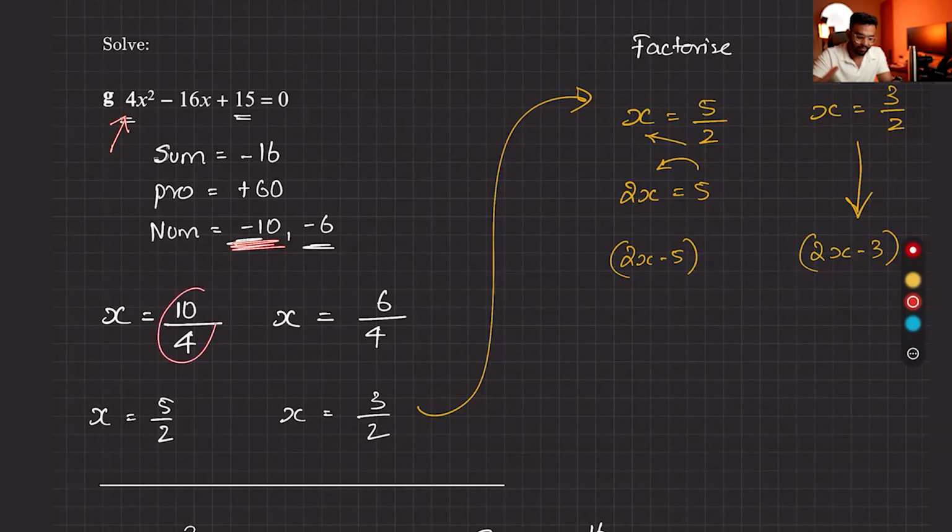So you have 10 by 4 and 6 by 4. Right, so we have the solution. We just simplified that and simplified this. This is how you would simplify or solve a harder quadratic equation. So that was a quick revision.